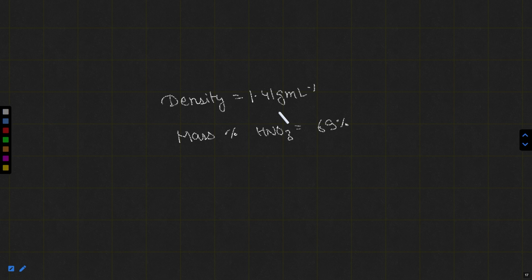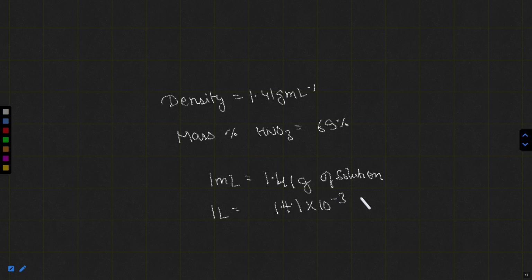So first of all, it is written that in 1 ml we have 1.41 gram of what? Solution. So in 1 liter it will be 1.41 into 10 to the power 3 gram of solution.